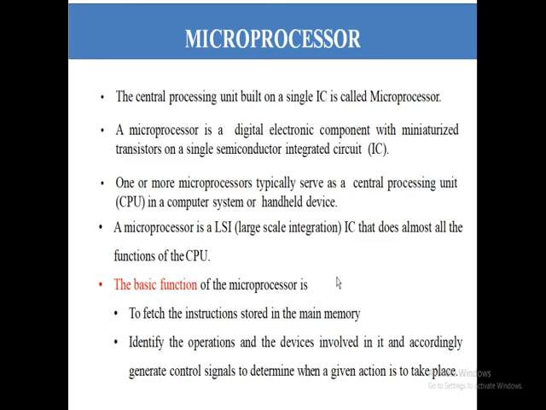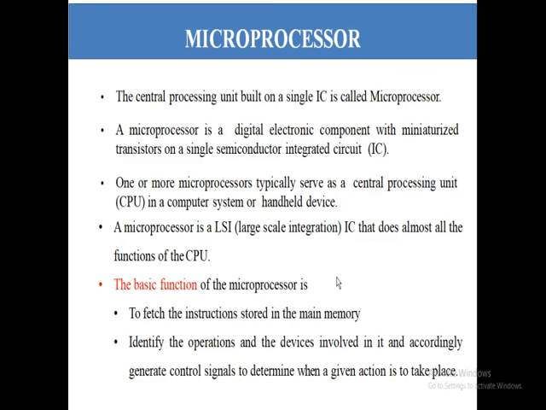The main function of a microprocessor is to fetch the instruction and data from the memory. Memory contains all the data and instructions. So it fetches that instruction and data from the memory and places it into the arithmetic logic unit. Then the ALU, or CPU, identifies the operation.